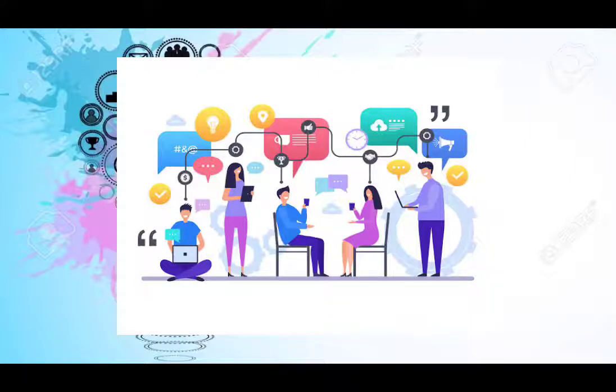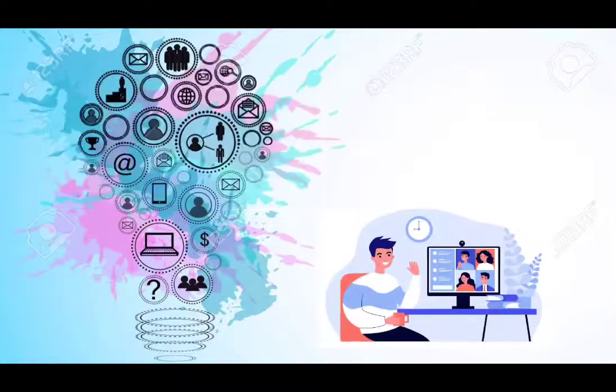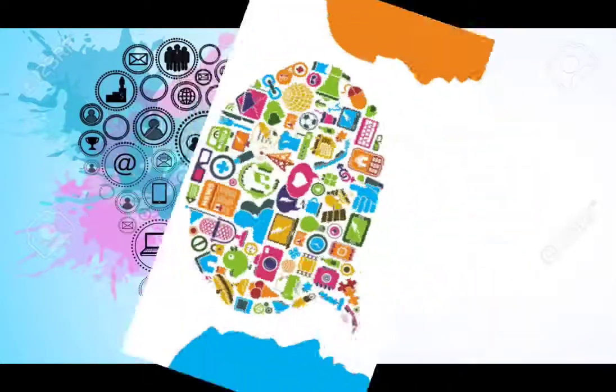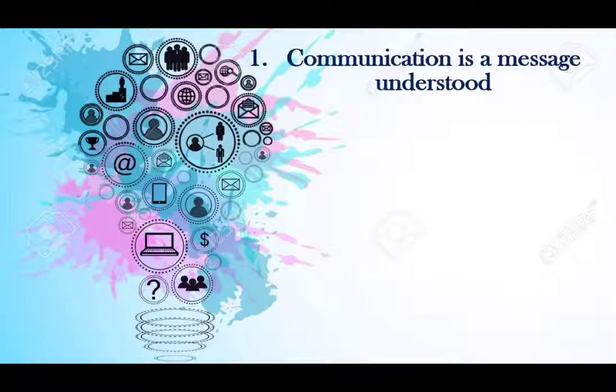Let us further define communication using two key terms, the message and understanding. First, communication is a message understood. Unless a message is understood, we cannot say that communication has taken place. Let us send a message to someone and say, "Where came first?"